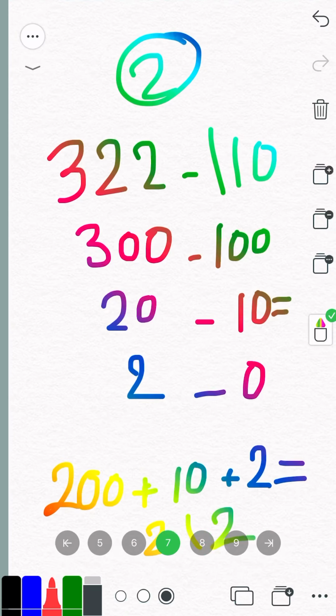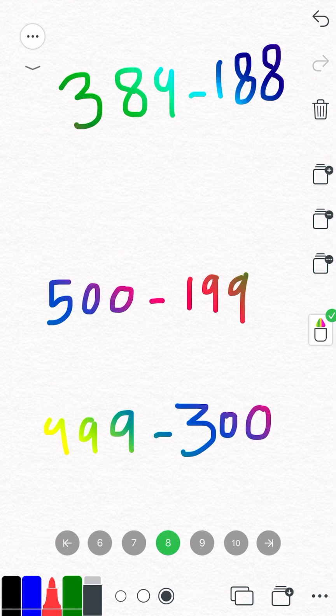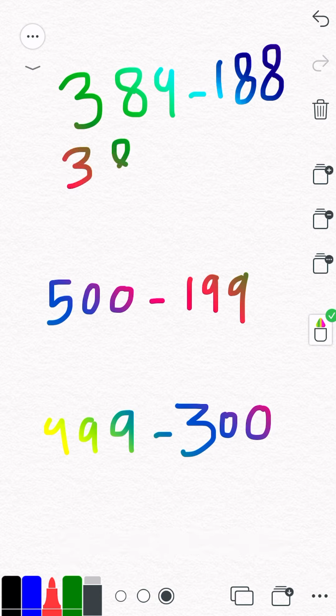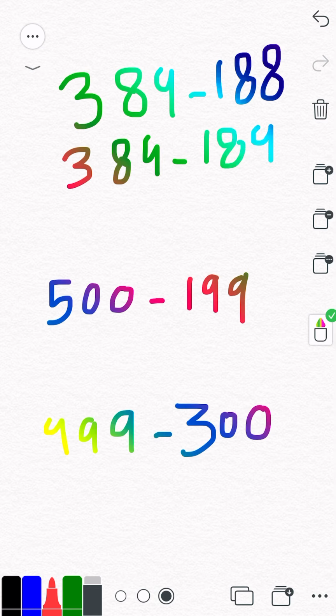Now the third way is bridging, and this one takes a wide range of examples, because bridging is about making the numbers easier for us to subtract. So instead of subtracting 384 minus 188, we can subtract 384 minus 184 first, and that equals 200.